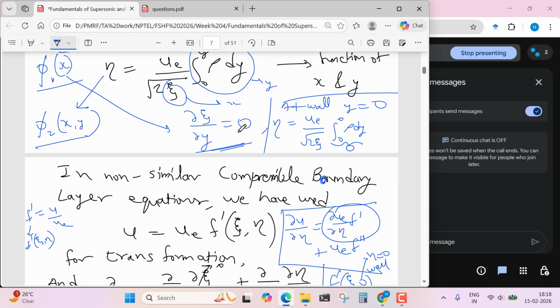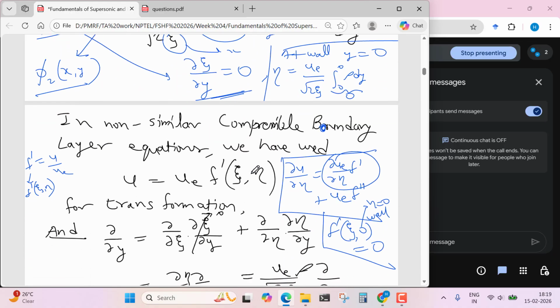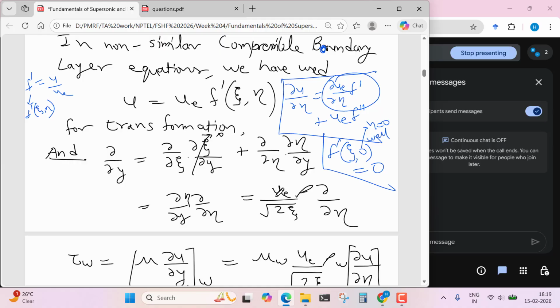Only this part is a function of y, so taking dou eta upon dou y, the integration of this part gives rho. So we get ue rho upon root 2 xi, dou by dou eta.